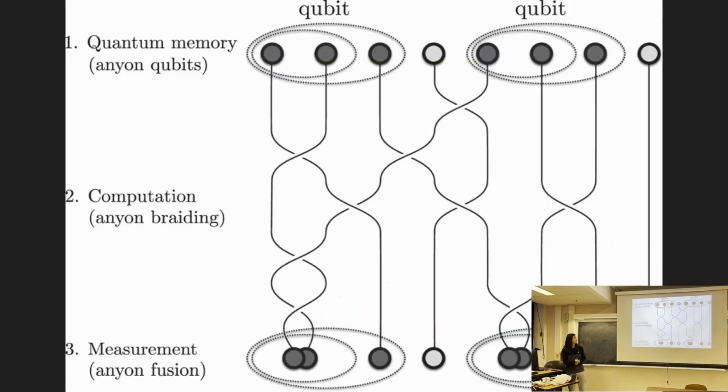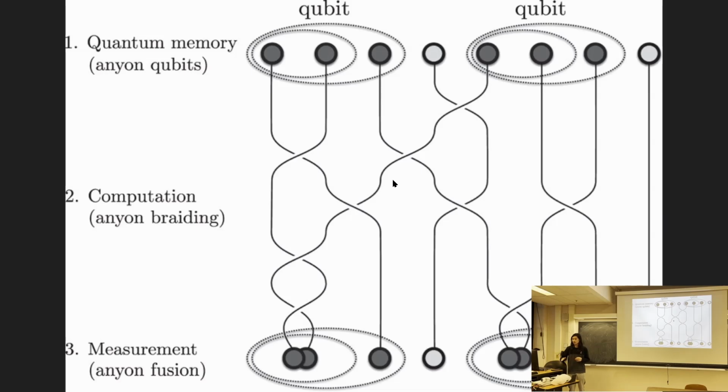So basically how the computation works is that you define a set of anyons and how they fuse, and you say, okay, if they fuse in this way, then it's a 0. And if they end up fusing in this way, it's a 1, or something like that. And then to perform the computation, you exchange anyons, which causes their world lines to cross over each other, which forms braids.